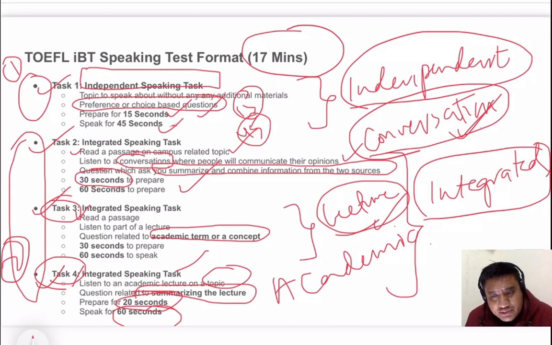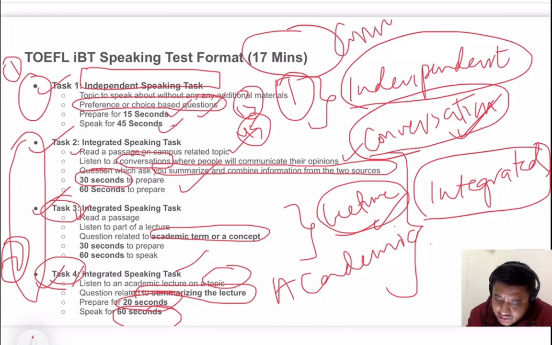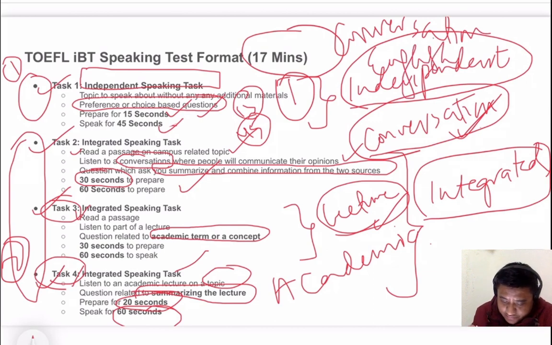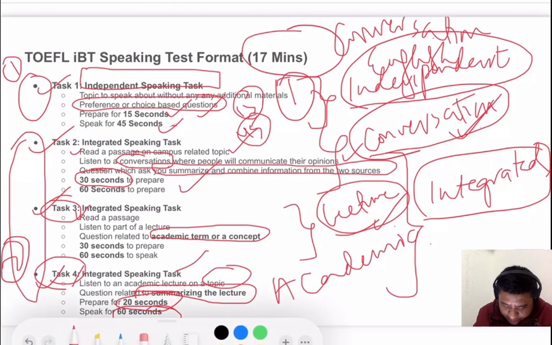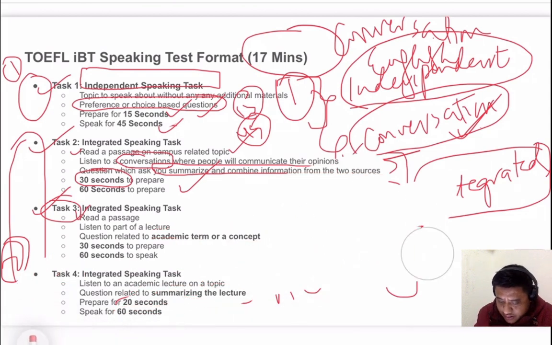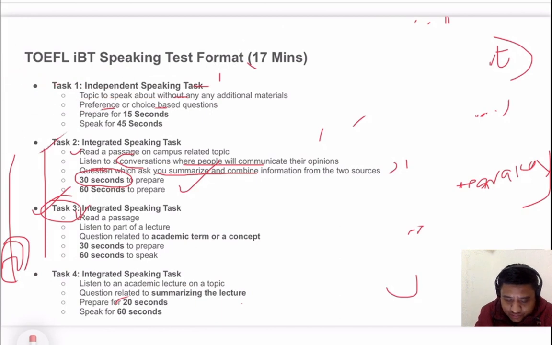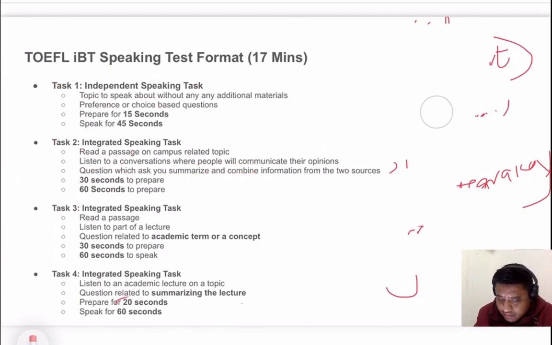So in terms of the design of the questions, task 1 and task 2 are conversational English. Let me get rid of some of these things so that I can show you that relationship clearly. I don't want to rush, because it's very important for you guys to understand this.